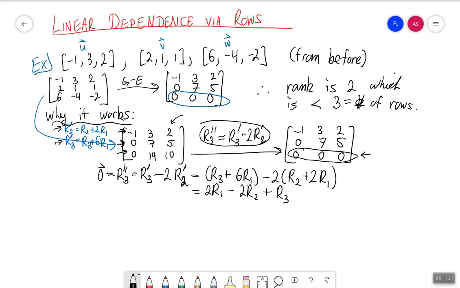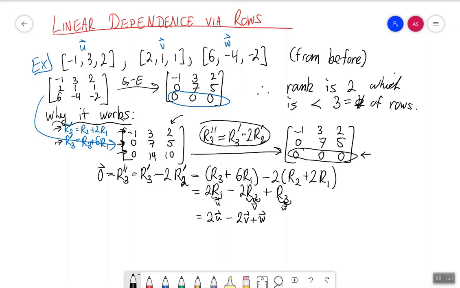But row 1, row 2, and row 3 of my original matrix are exactly u, v, and w. So in other words, I've figured out that 2u minus 2v plus w is equal to 0. In other words, u, v, and w are linearly dependent.